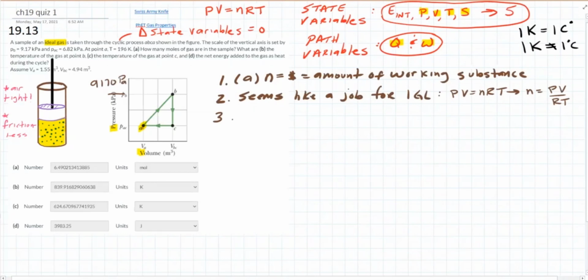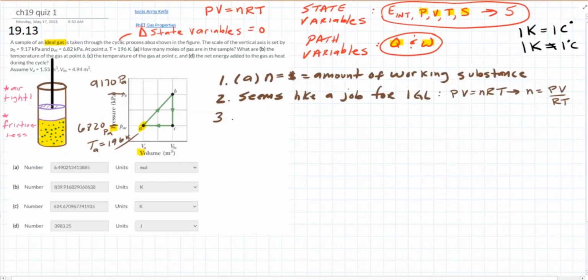What else do I know? The pressure at A apparently is the same as the pressure at C because it's referred to as PAC. This is 6820 pascals. At thermodynamic state A, I do know the temperature, given as 196 Kelvin. And that's kind of it.